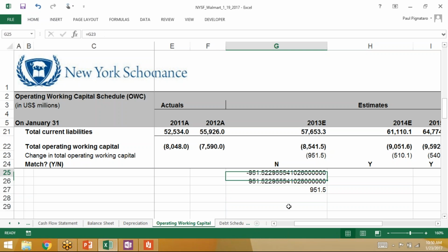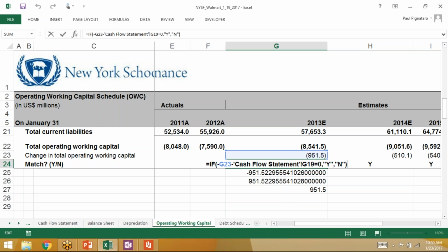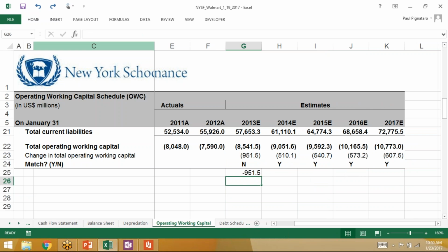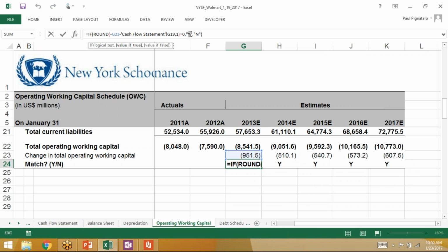Otherwise, return a no. Let me just show you what the formula is. So if, okay, I'll put the round back in. Round that plus that. If the answer is 0, then it matches. If it equals 0, then Y. Otherwise, no. We're going to do a whole thing on if statements.